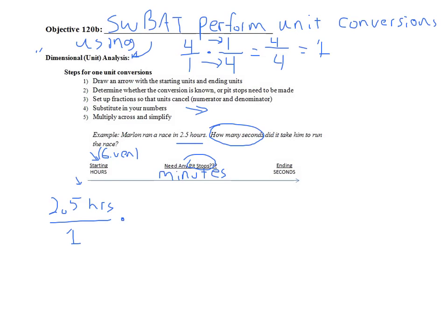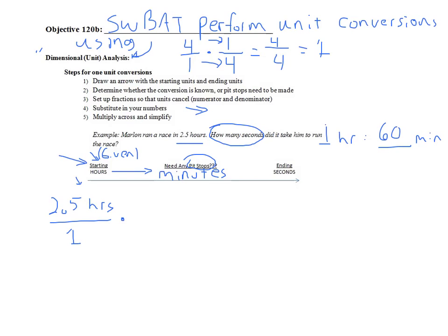Now we already have our roadmap: hours to minutes to seconds. We are going to write the conversions. Hours to minutes is our first one. I know that 1 hour has 60 minutes.